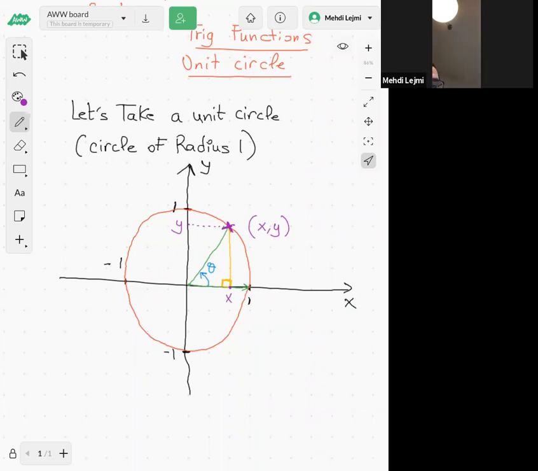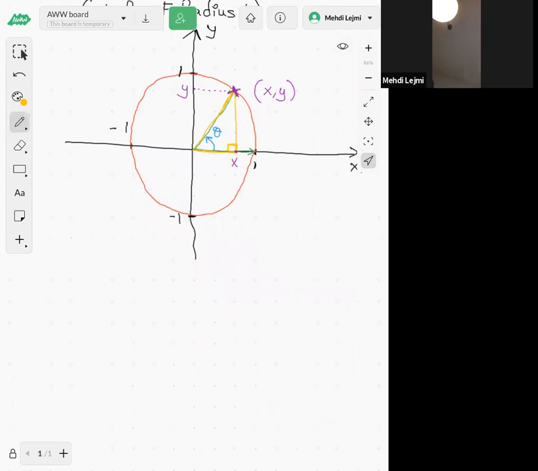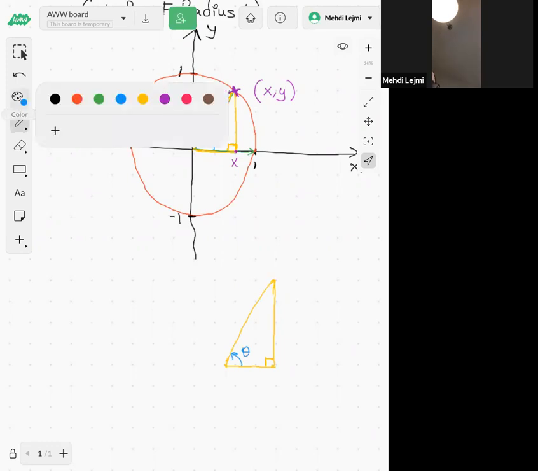Now in this right triangle, the yellow one, I'm just going to draw the right triangle again so you can see. Here's my 90 degrees, and here's my angle theta. We said yesterday we're going to define the sine of theta.